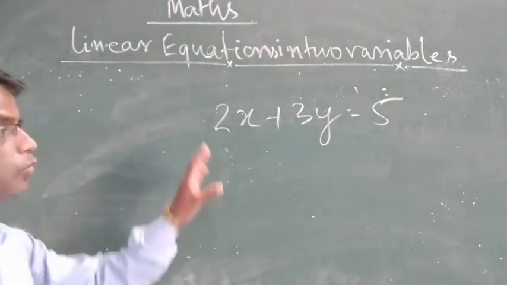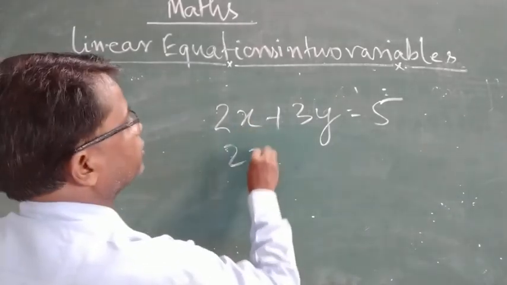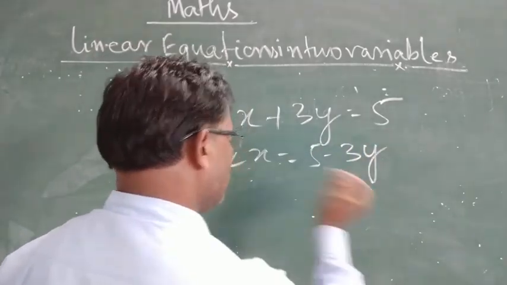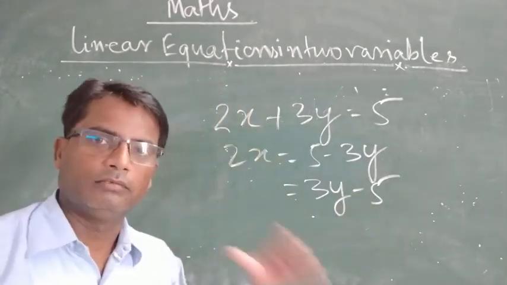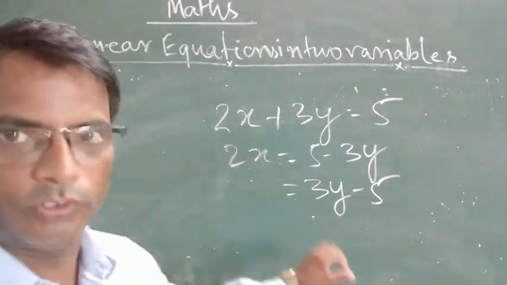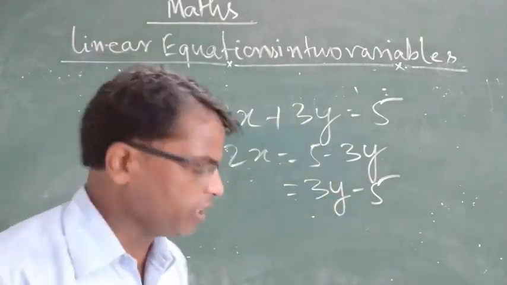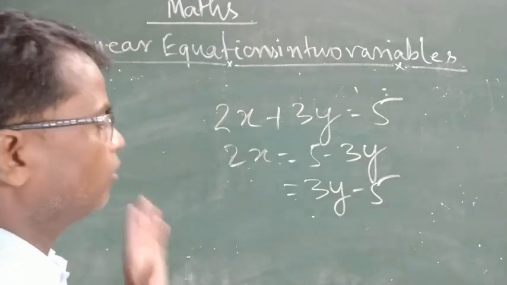If you transfer slightly wrongly, you make a mistake. Suppose 2x is equal to 5 minus 3y. If a student writes 3y minus 5, that is the mistake, and after this all your answers will come out wrong.